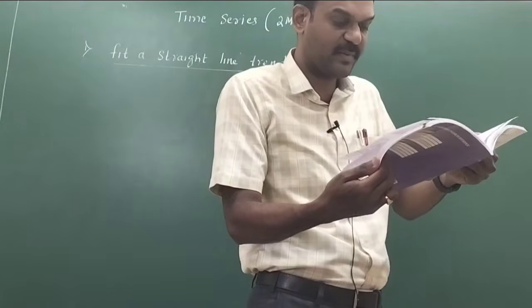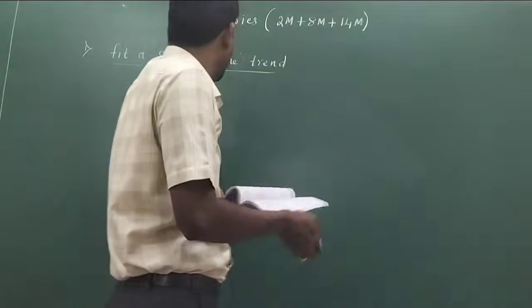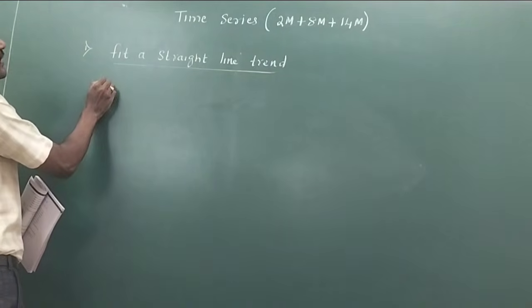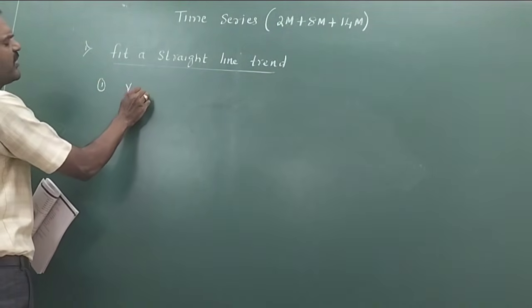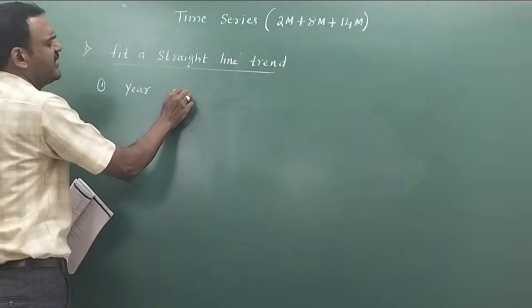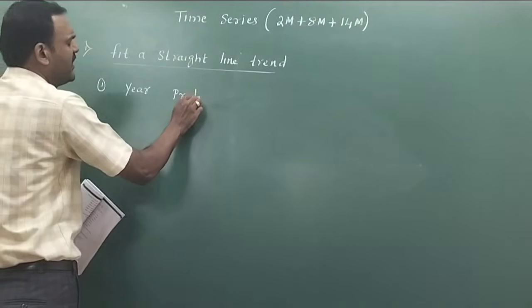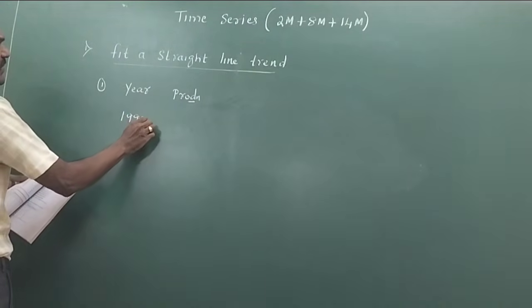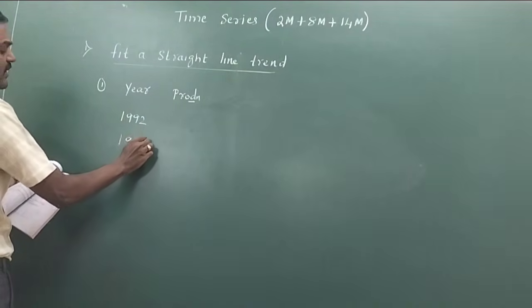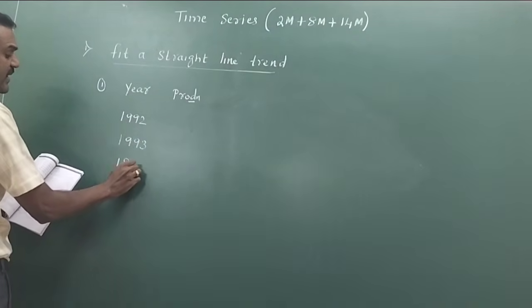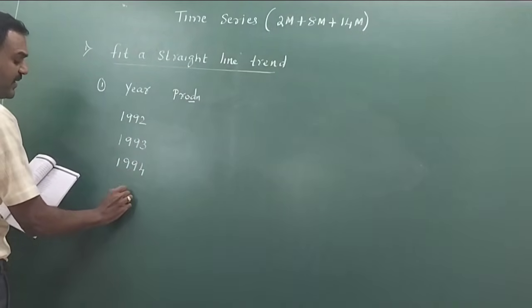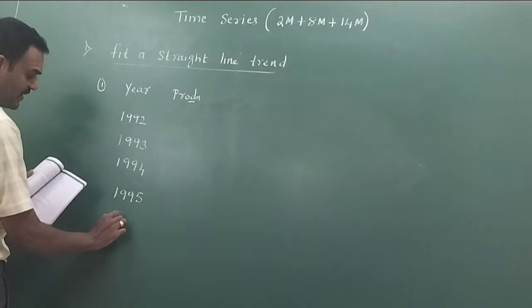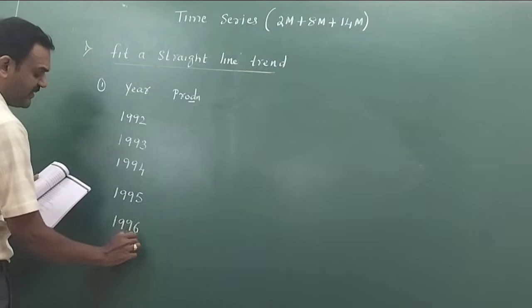Here, suppose it is production, or it may be sales, whatever it may be. These are the years: 1992, 93, 94, 95, 96.